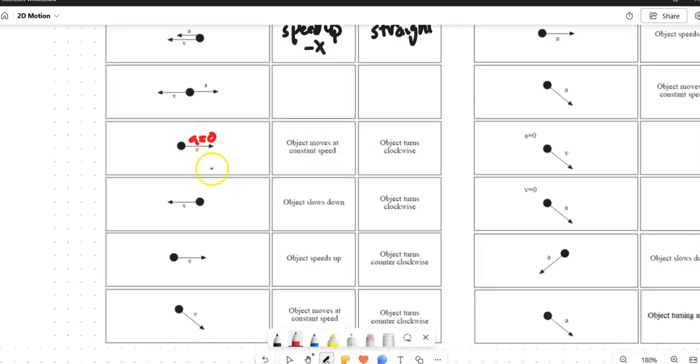Now, it's also saying it's turning clockwise. So clockwise would be this direction that my mouse is moving. That means there must be an acceleration vector pushing it down at this instant. So there's going to be 2 vectors. The linear acceleration vector, which is in line with the velocity vector, parallel to the velocity vector, that's 0.